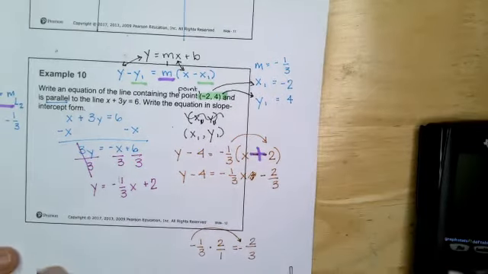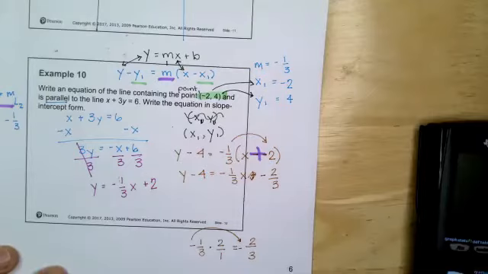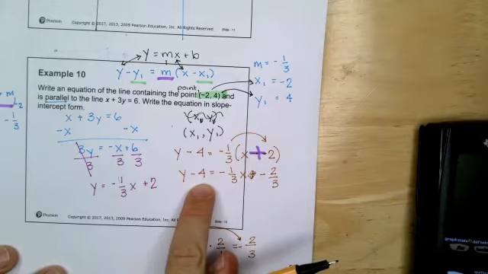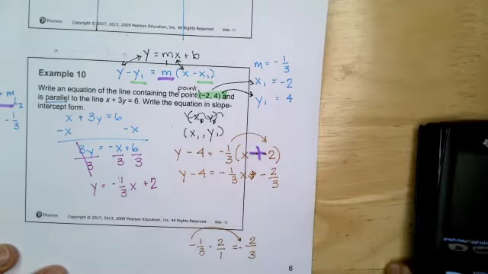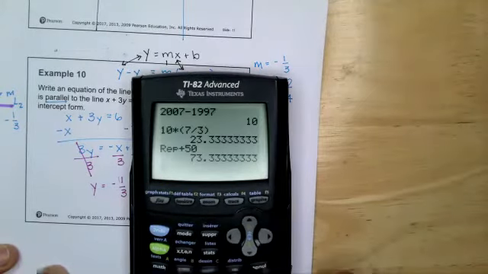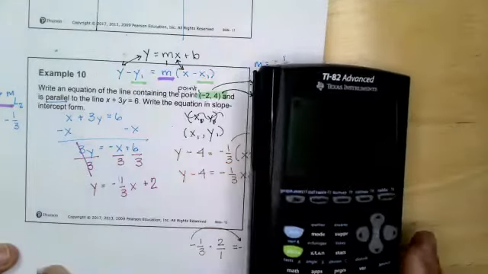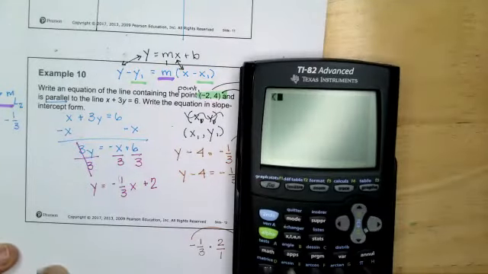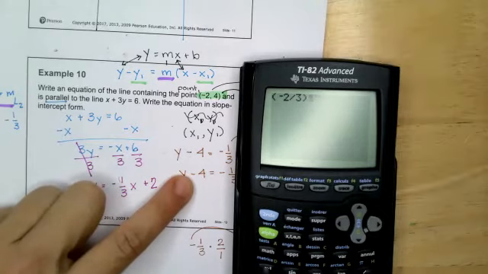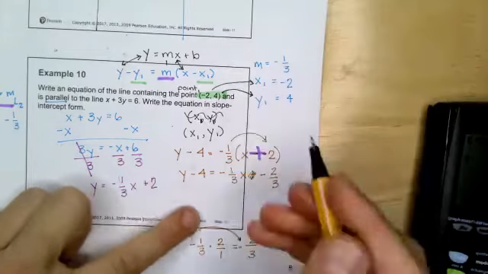Any questions? I still have to move the negative 4. This is not going to happen on an exam, okay? There's not going to be a fraction where you have to subtract a whole number from a fraction. So negative 2/3 plus 4.